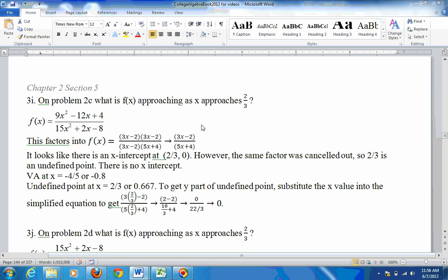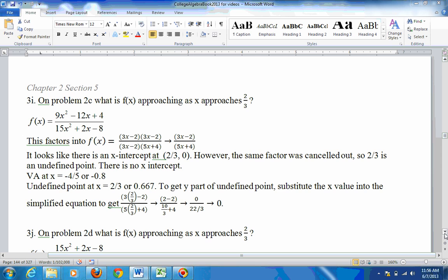So if you substitute 2/3 in here, you'll get 3 times 2/3 minus 2, which is 0, over 5 times 2/3 plus 4, which is some number there, 22/3, and 0 divided by 22/3 is 0. So it's approaching 0 is the answer to that problem.